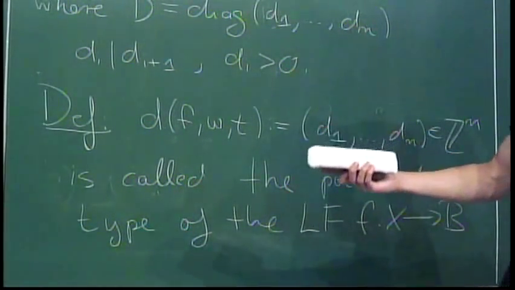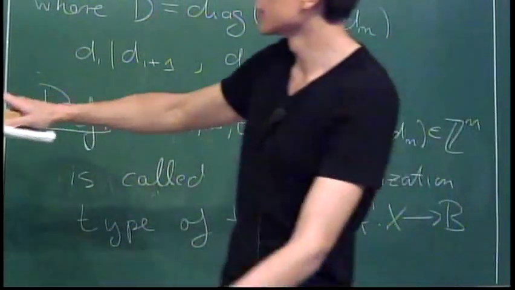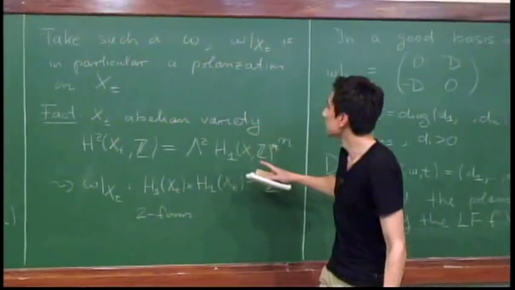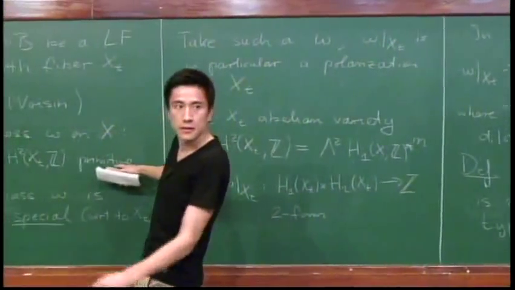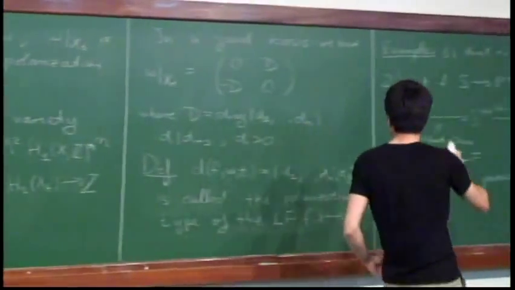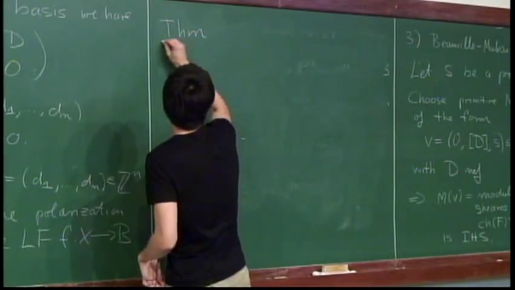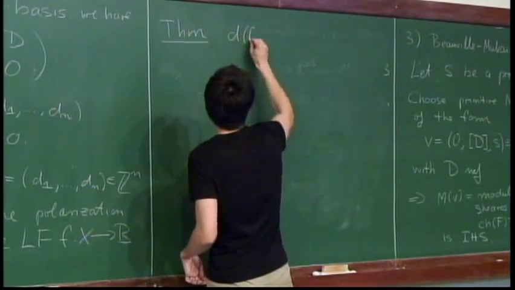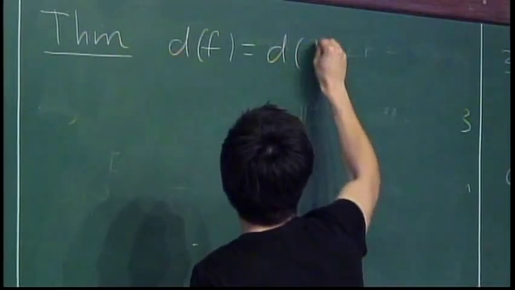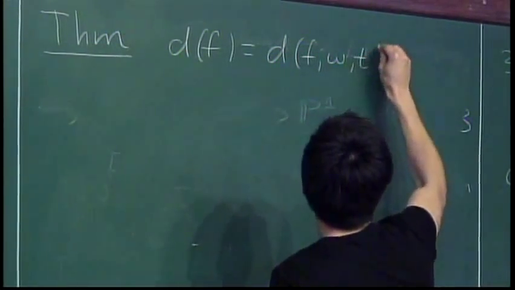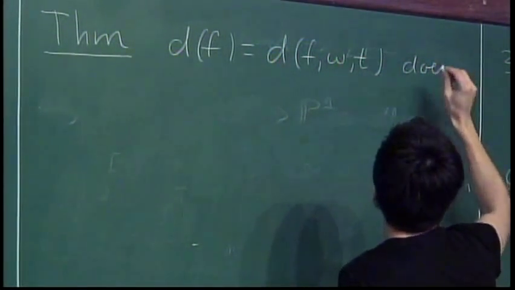In particular, omega restricted to X_t should be primitive. The obvious theorem, or actually not too obvious, is that d(f, omega, t) does not depend on omega and t.